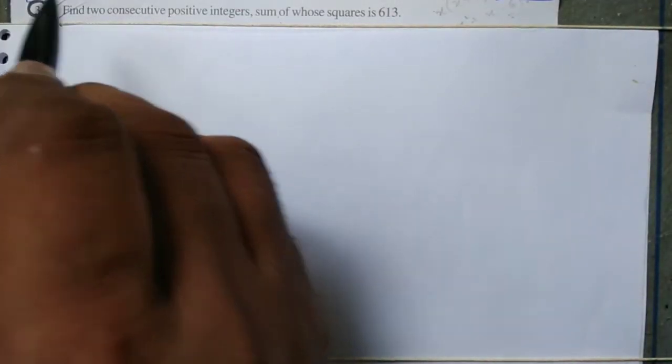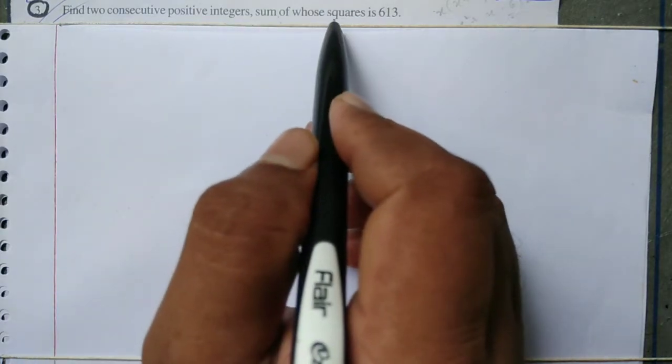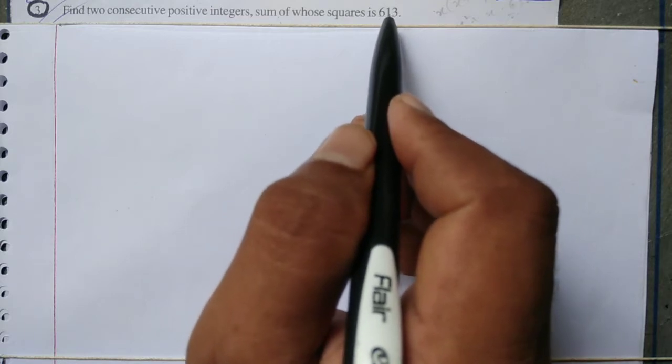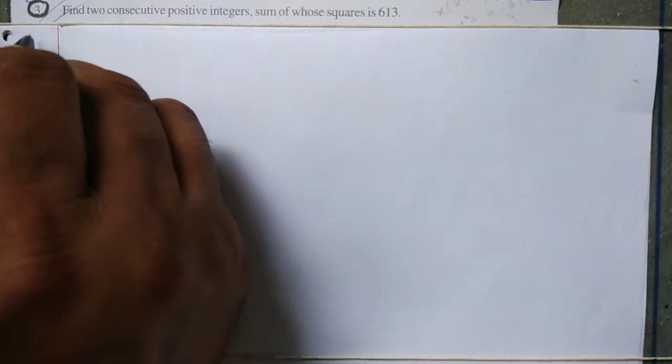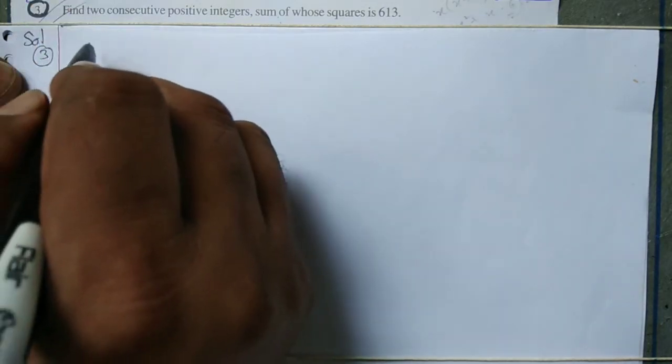Question number 3. Find two consecutive positive integers, sum of whose squares is 613. Solution. Third answer.